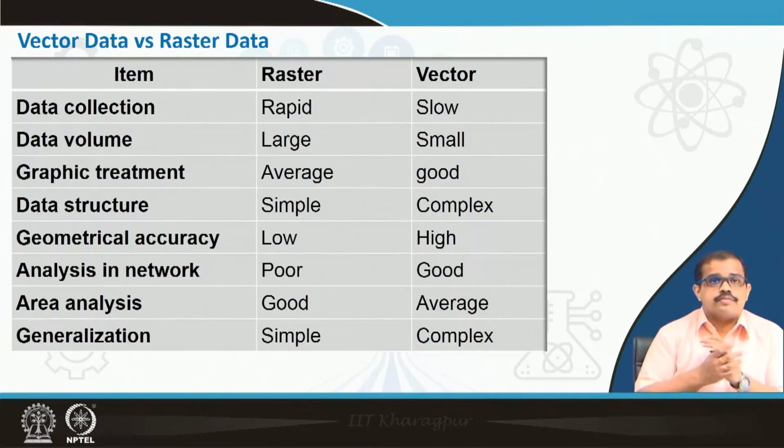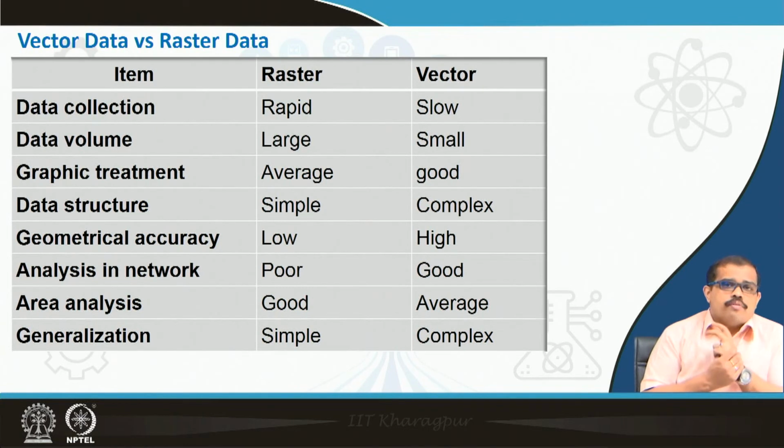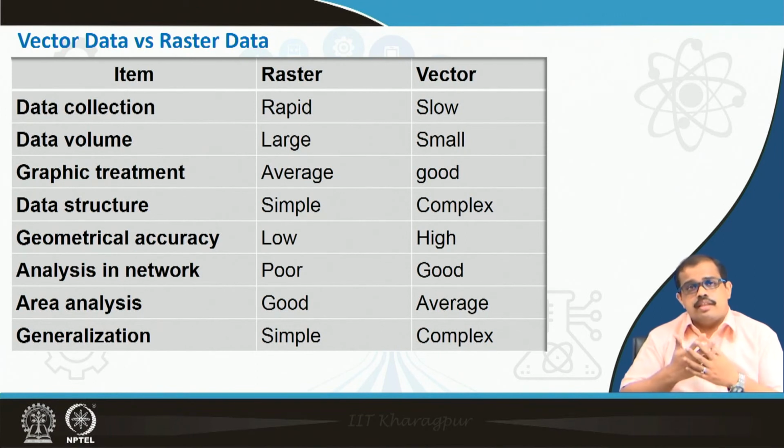Okay. So, now when we look at vector data and raster data, there are certain issues that are very important for you to understand. For example, when you look at data collection, raster data is extremely rapid in terms of data collection. Okay, you have various sources of data, you have information that is easily accessible.